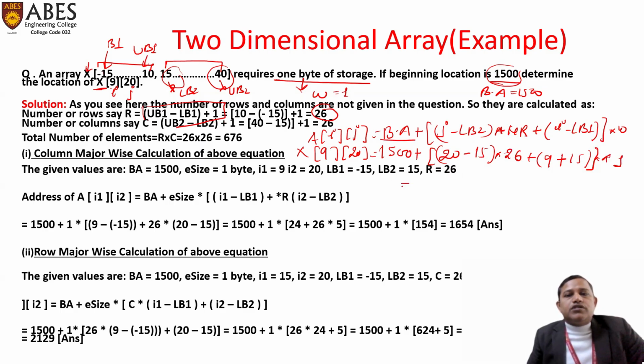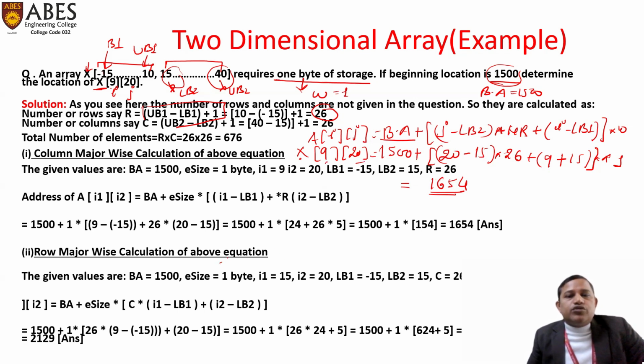So after calculation, this will be 1654. This is the location of array X at index 9, 20, that is 9th row and 20th column.